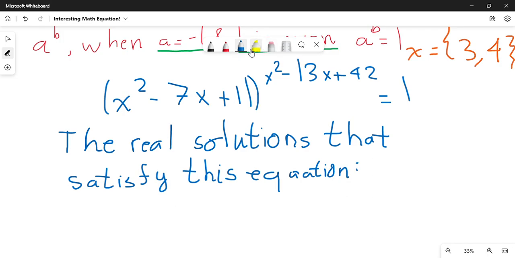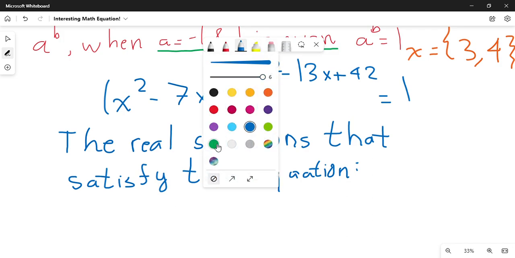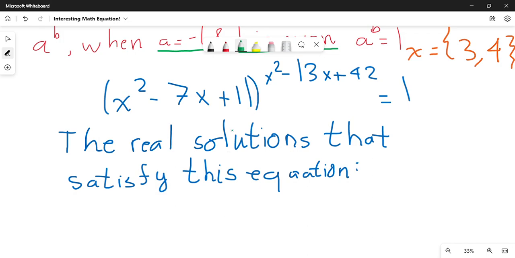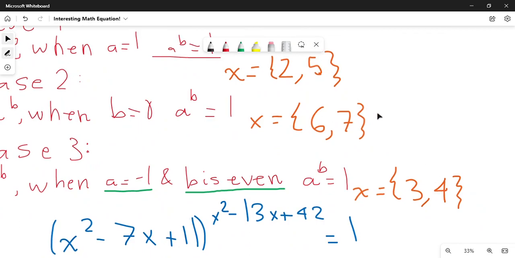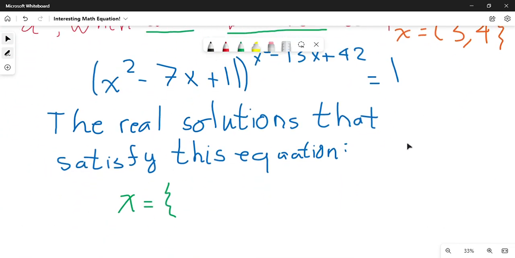Then we'll just put x is equal to. It makes it neater if we list them in order. So we have 2, 3, 4, 5, 6, and 7.